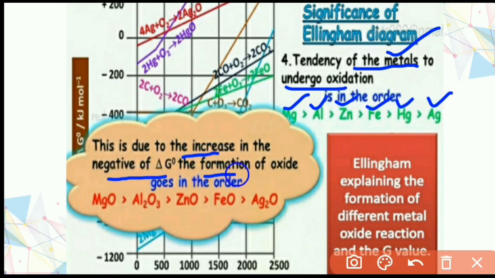The formation of oxide goes in this order: first magnesium oxide, then aluminum trioxide, then zinc oxide, then iron oxide, then silver oxide. So the electropositive metals' curves are at the bottom of the diagram, like magnesium oxide at the bottom of the diagram. So the Ellingham diagram expresses the formation of different metal oxide reactions, and the G value gives the energy value.